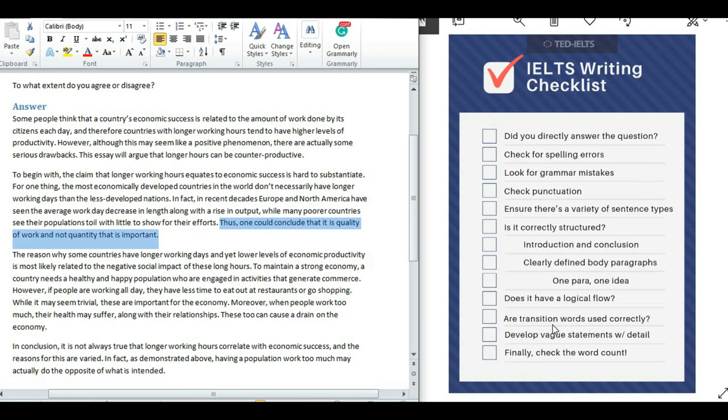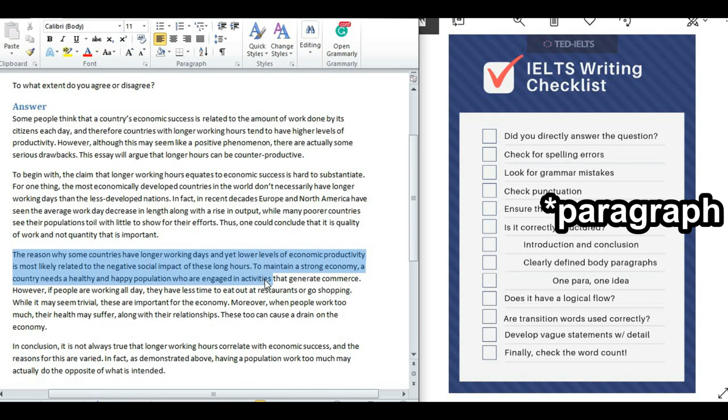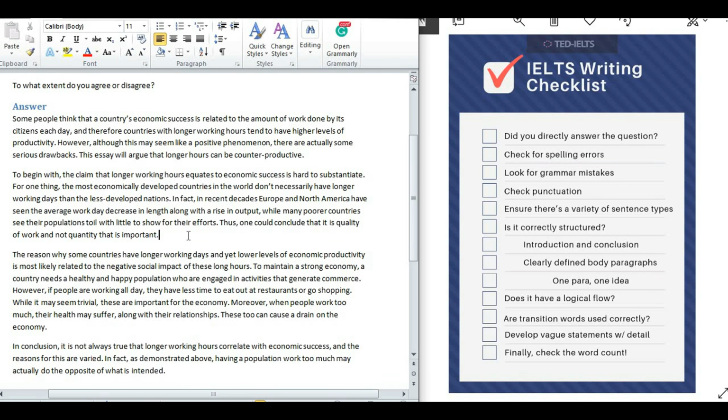This is quite closely related to the next point, our transition words used correctly. Now here I've got transition words to begin with, for one thing, in fact, and thus. Maybe it could be said there are too many transition words here. But if you look into the next sentence, we don't have them for the first two sentences at least.